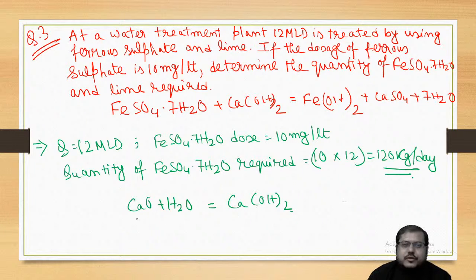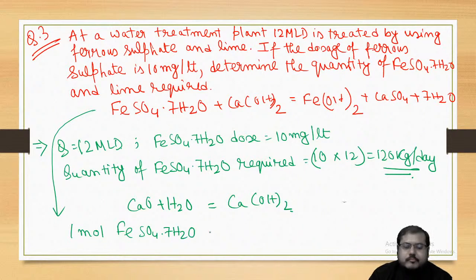It's 1 mole. So eventually 1 mole ferrous sulfate is required for 1 mole calcium hydroxide, and 1 mole calcium oxide is equivalent to 1 mole calcium hydroxide. So you can say that required 1 mole calcium oxide.